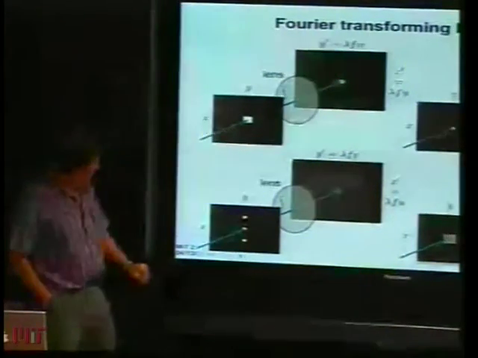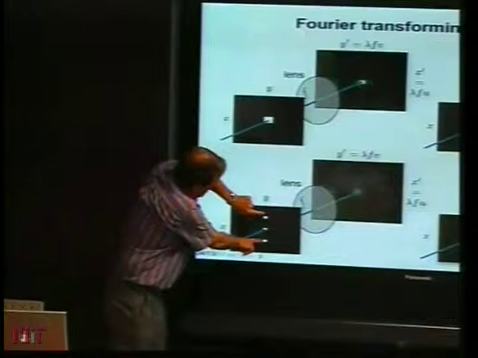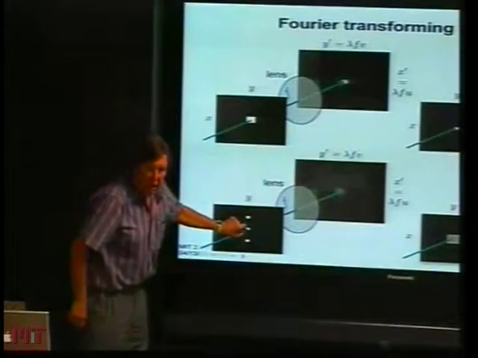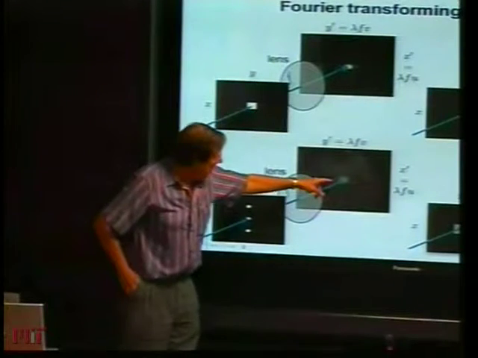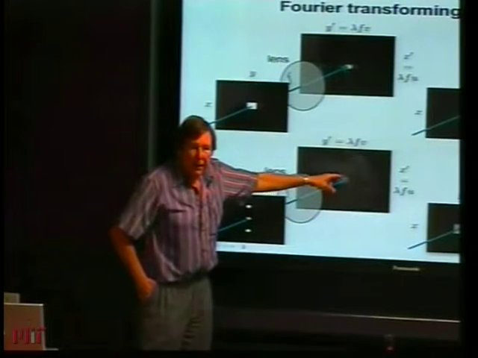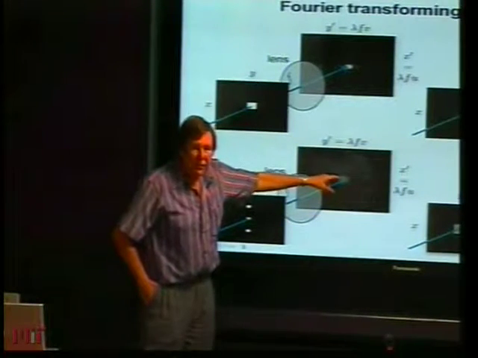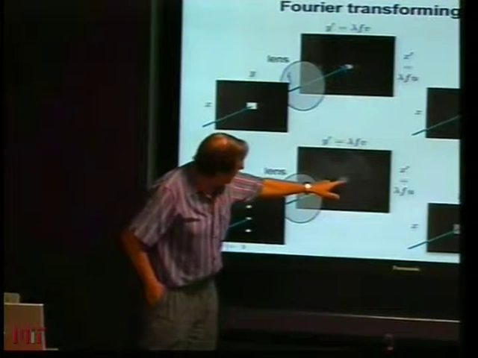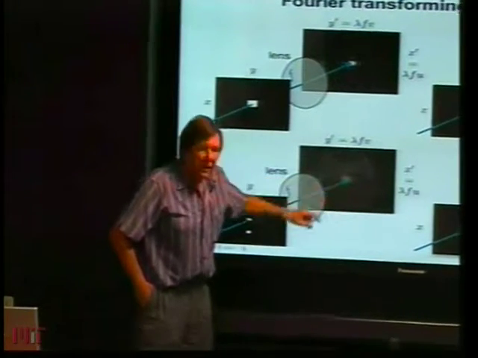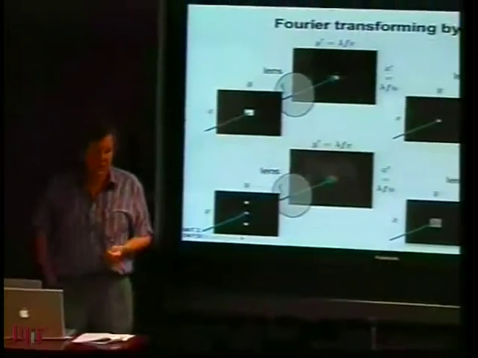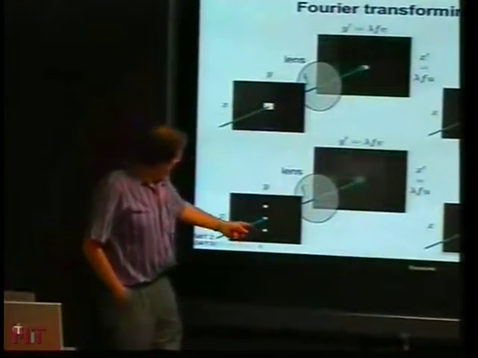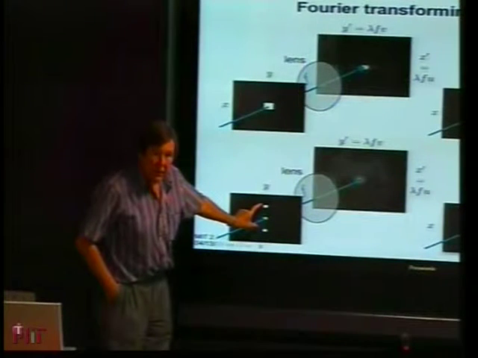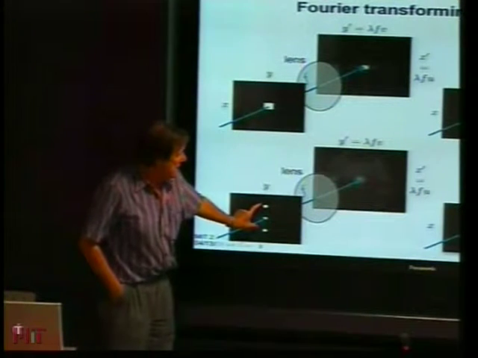And, of course, because this distance is actually much bigger than the width of the rectangle, the spacing of the cosine is much finer than the Fourier transform of the rectangle. And so that's why you see these very fine fringes, as a result of the fact that these components here are quite well separated.